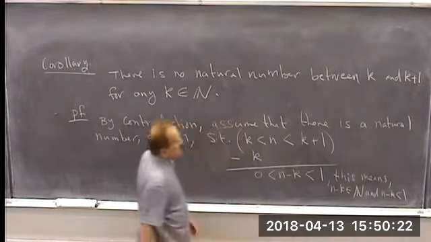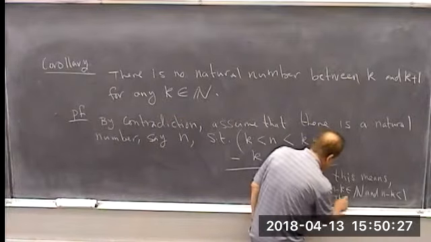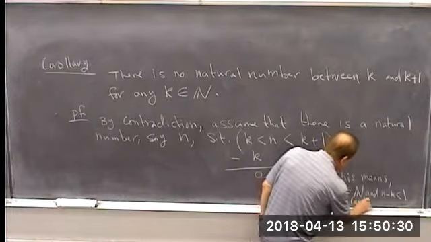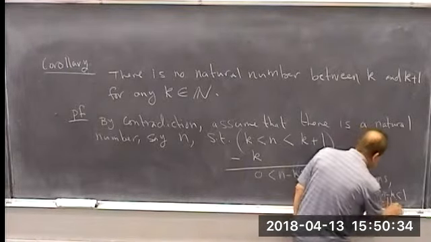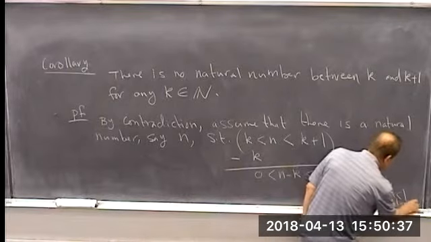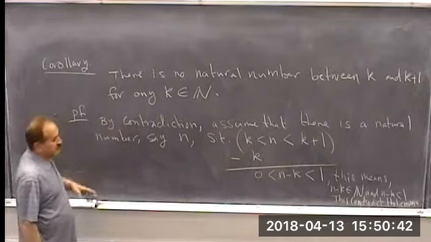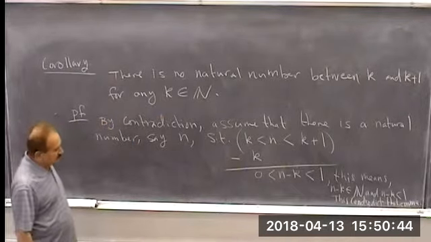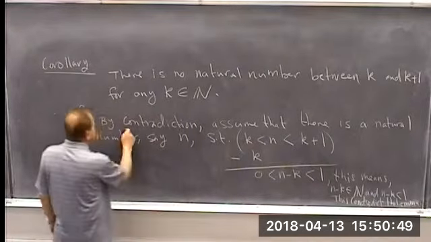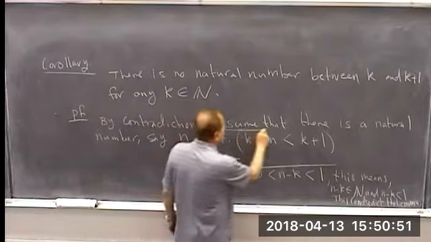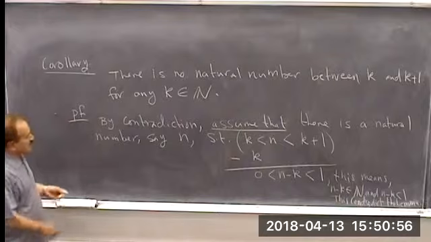Well, this contradicts the lemma, because we said 1 is the smallest natural number, and we found a natural number that is smaller than 1. So the only thing we are incorrect in here is this assumption. That's what leads to this contradiction.